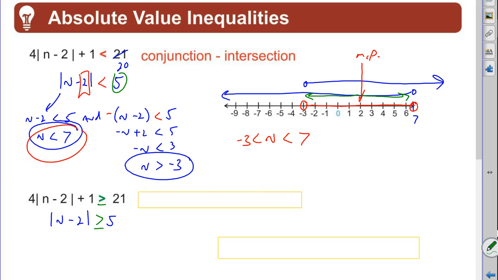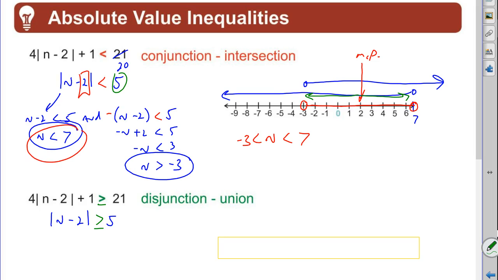So now you must understand, this is a disjunction, and all disjunctions have solutions as the union. If you solve, notice you get the exact same thing, only your symbol's backwards.